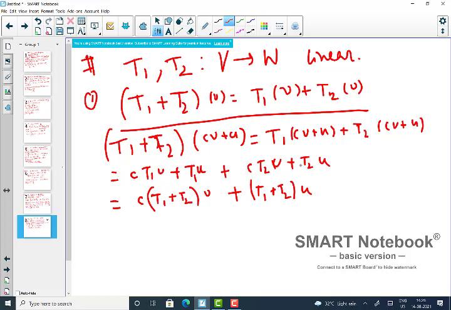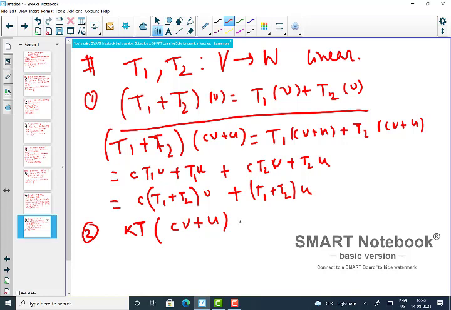Suppose you want to multiply by some constant, say k, and we have a linear map T. Is kT again linear? When you apply this on the vector cv plus u, does it satisfy the property of linearity?